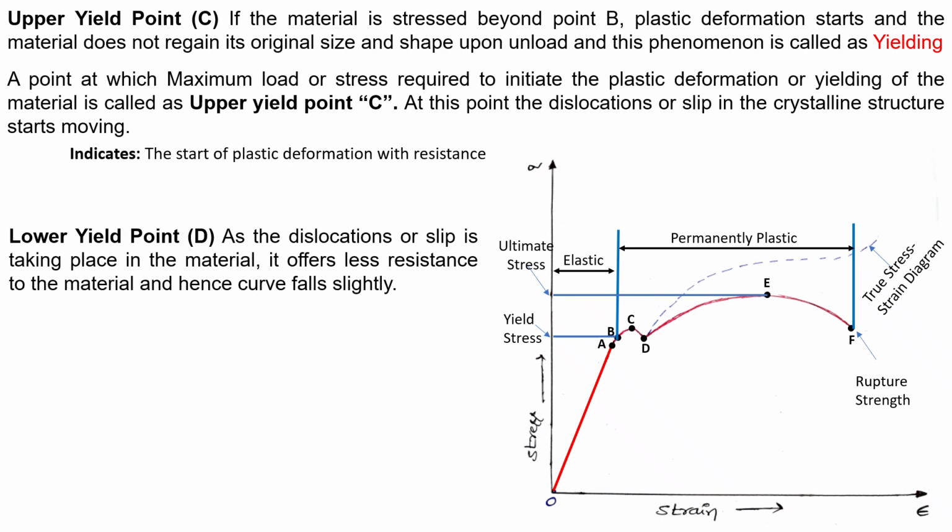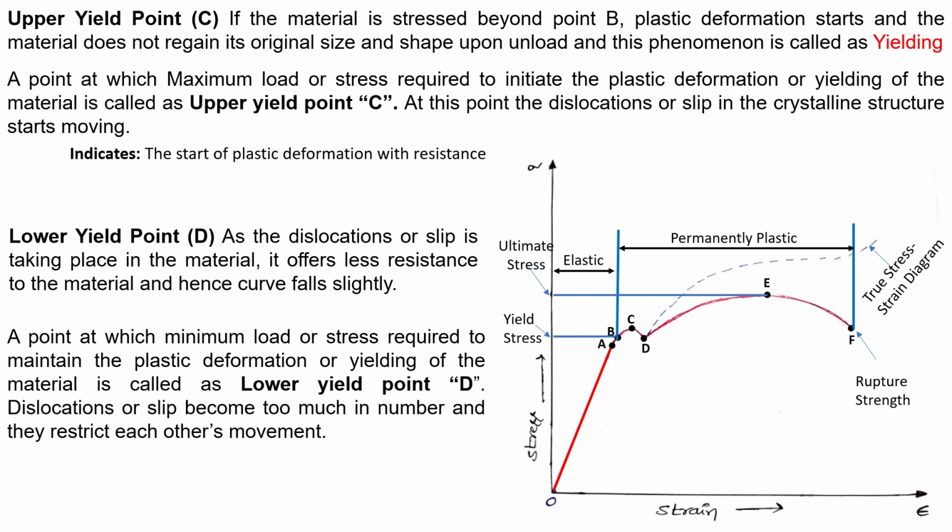So at the initial stage we require very high resistance and very high load. But at the point D dislocations are already initiated, then it will just continue. So that's why less force is required for these dislocations.